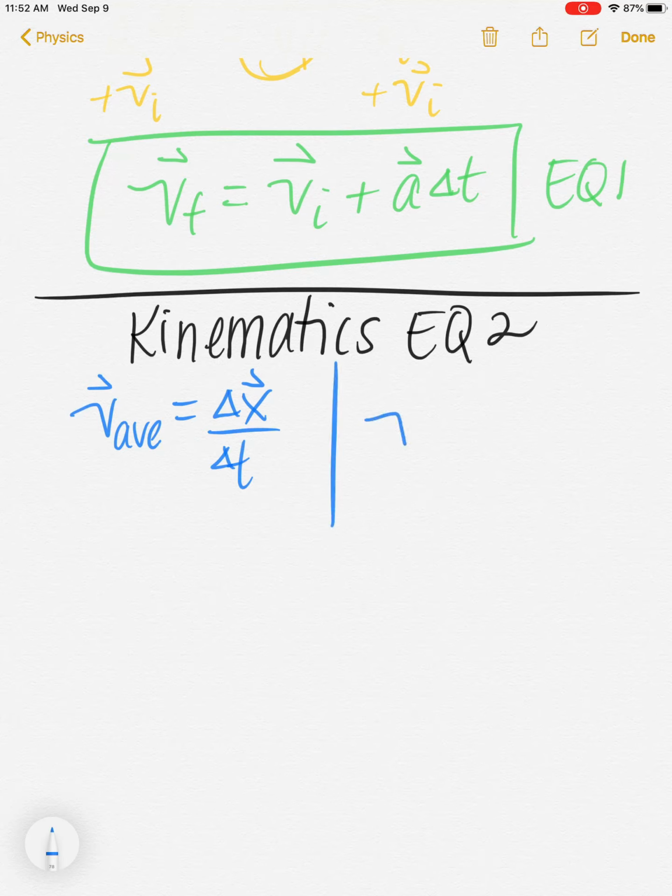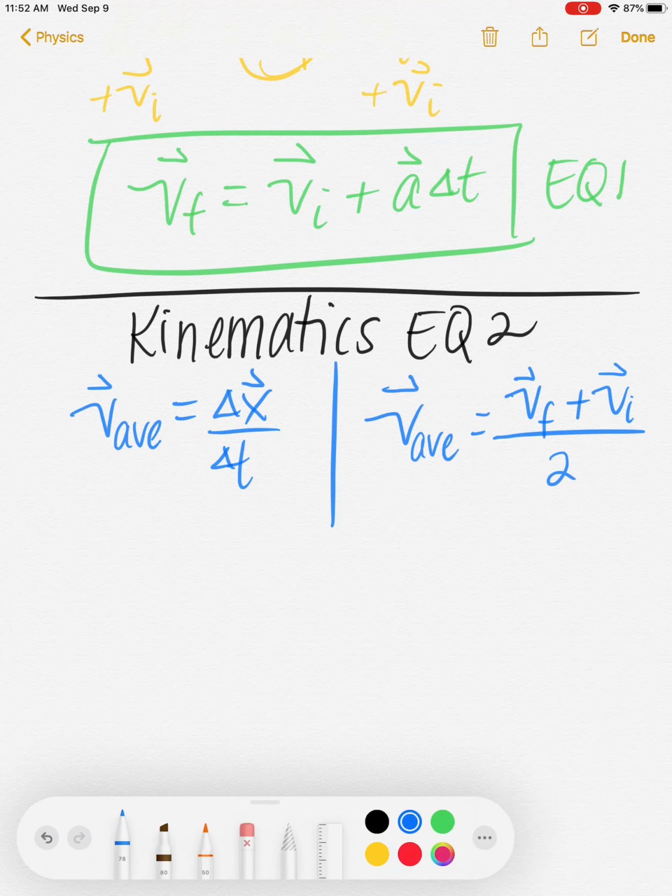Now, when you learn how to calculate averages in math class, you're typically taught to add up the values and divide by the total number of values. So we could also say that average velocity is equal to final velocity plus initial velocity, all divided by 2. You add the two values together, divide by 2.